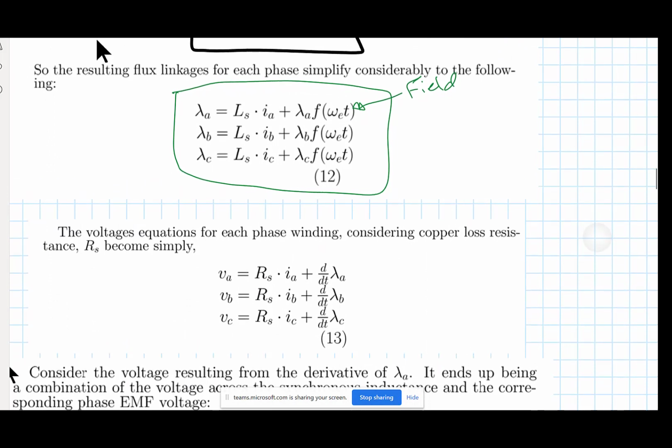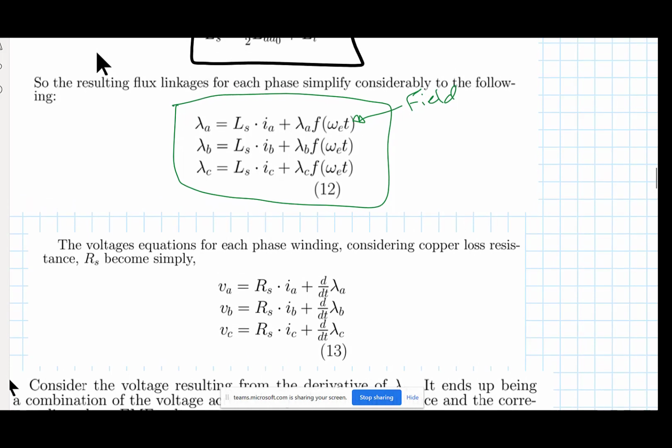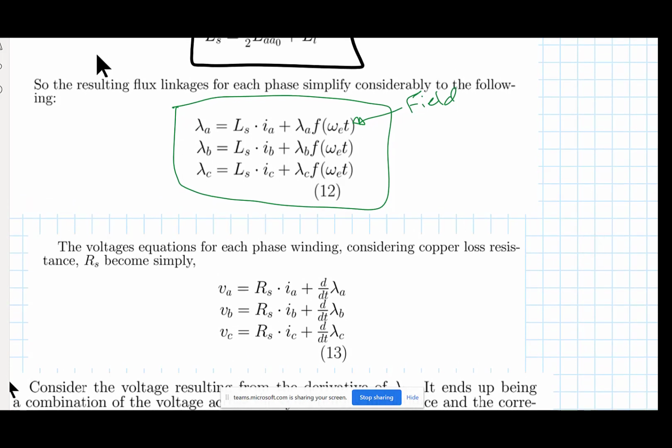Now what we would do is say, okay, if I have a lambda A, a lambda B, and lambda C, I can apply Faraday's law. So I'll just take the derivative of both sides.